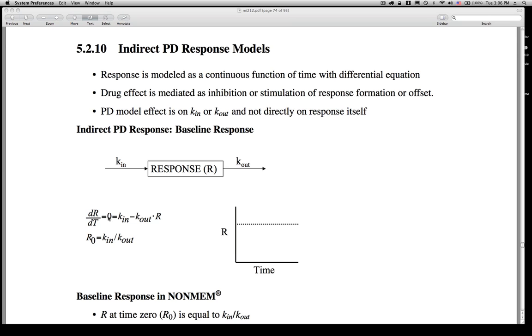If Kin minus Kout times R is equal to 0, then we can solve for the response at baseline, or time 0. And that's simply the ratio of Kin to Kout. So R0 here is our baseline response. Kin is the formation rate, and Kout is the elimination rate constant for response. And what we're looking at in this expression is a response that's constant over time.